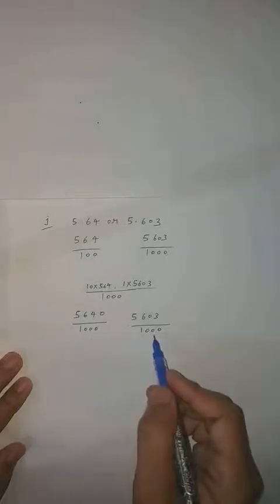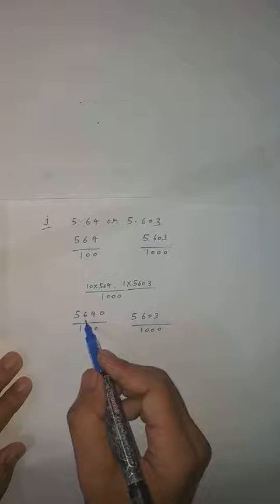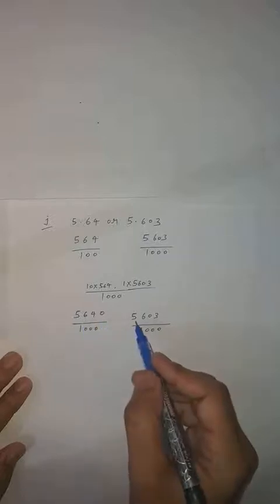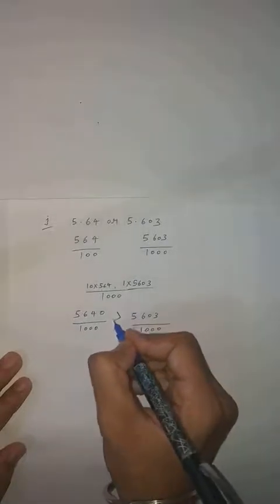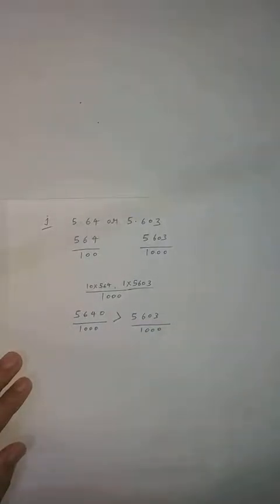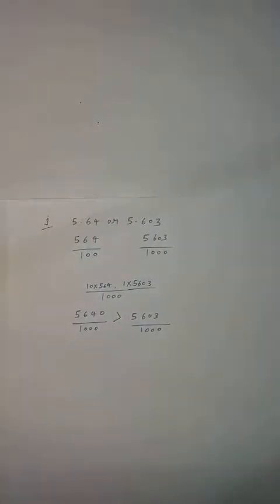So the first objective was that the denominator should be equal. Denominator is equal. Now check the numerator. Here 5640 is given, here 5603 is given. So easily you can say, sir, this number is greater. So this is the process how you check which number is greater. Clear student? I think this concept is clear.